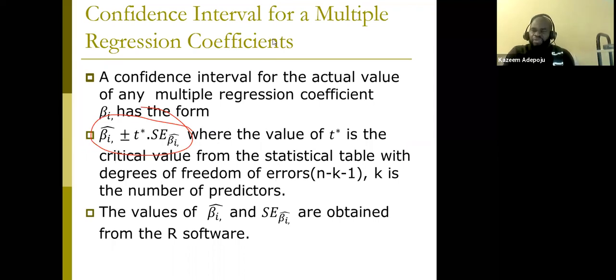Take a look at that formula. If I have a beta cap 1, of course, that's going to be plus or minus the margin of error. The margin of error there is just the t-value multiplied by the standard error. And of course, how am I going to achieve this in R? I'm going to show you the code if you want to get that in R.